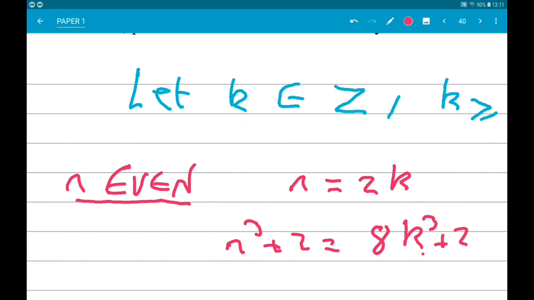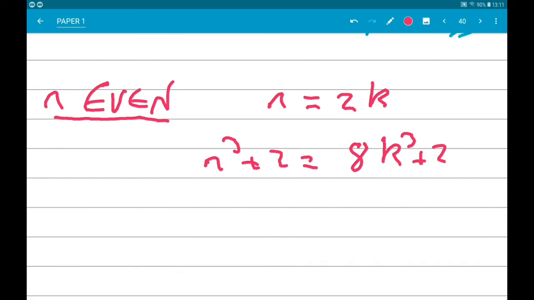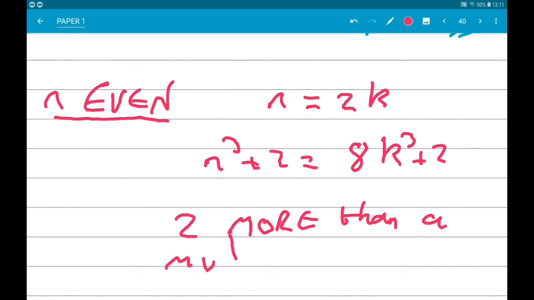Now that is 2 more than a multiple of 8. So, for even ends, n cubed add 2 is never divisible by 8.